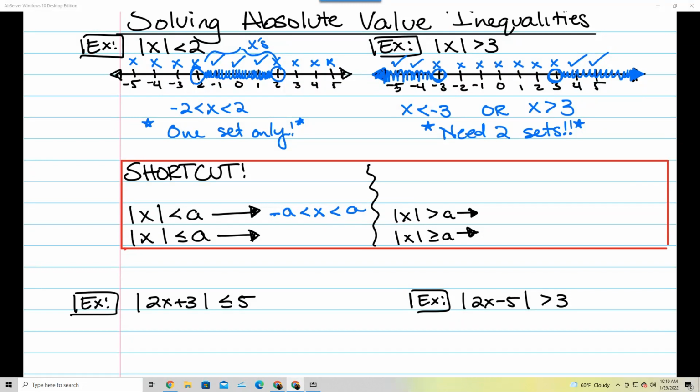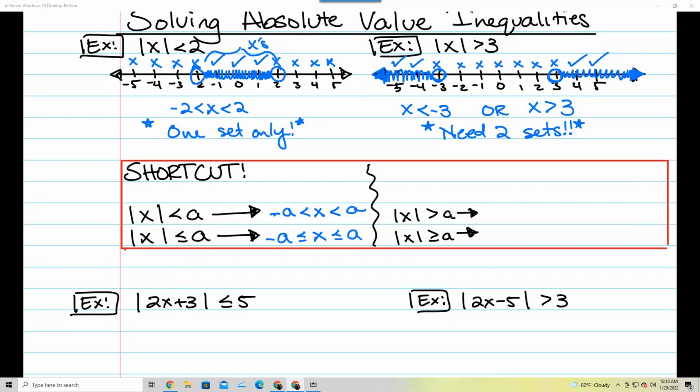You take the A, swing it to the front, make it -A, less than or equal to x, less than or equal to A. Because again, this was a less than or equal to, these are also going to be less than or equal to. And that's going to be my first shortcut. Right now, that might not make a whole lot of sense, but as we use them, it'll be a little bit clearer. So that is the case when you have an absolute value being less than or equal to.